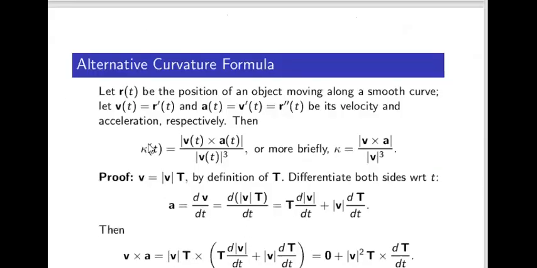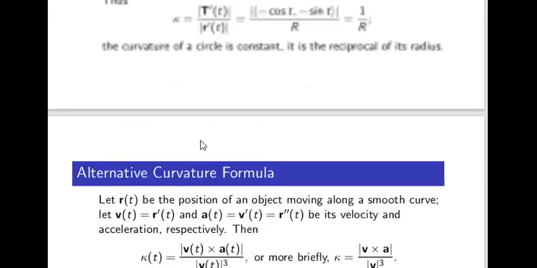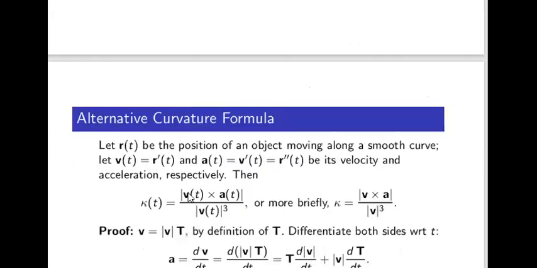Curvature can be expressed in physics problems, where we are dealing with the velocity and acceleration of a particle. So you can express curvature in terms of the velocity as well as the acceleration of the particle.